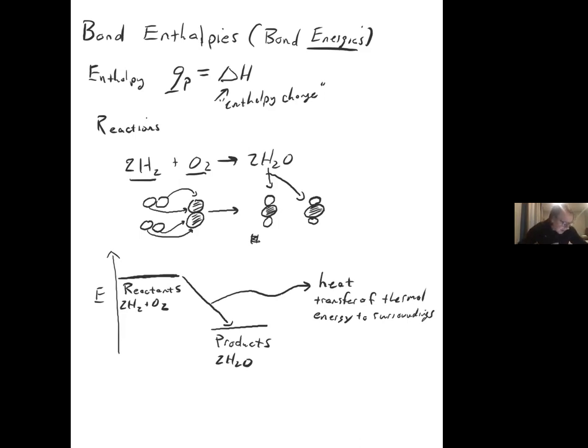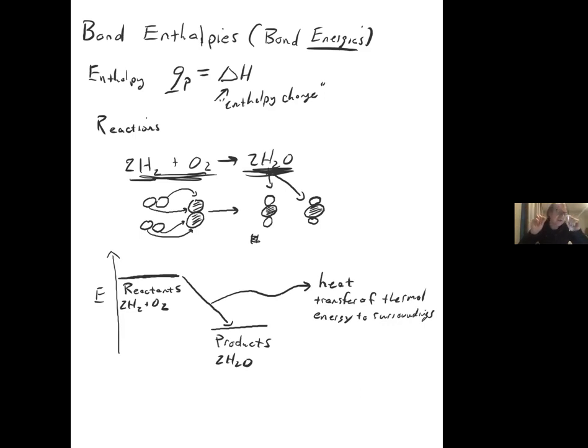So what is it about a chemical reaction that causes this to happen? Why does water have less energy than hydrogen and oxygen? So why do we get energy coming out of it? And it turns out it's the chemical bonds. All of the energy changes that we talk about in a battery, in a combustion reaction, in metabolism, it's all about bond energy.